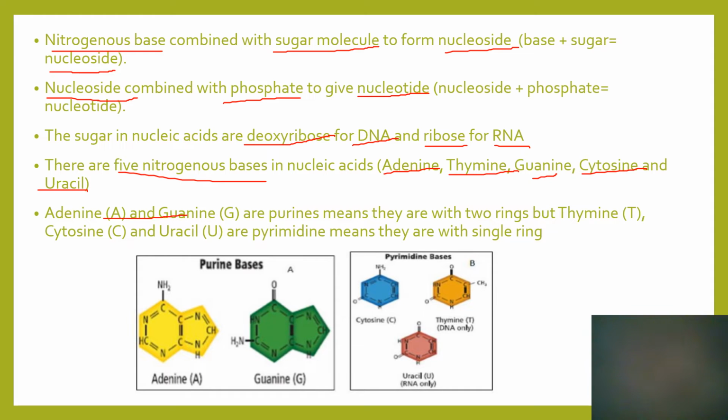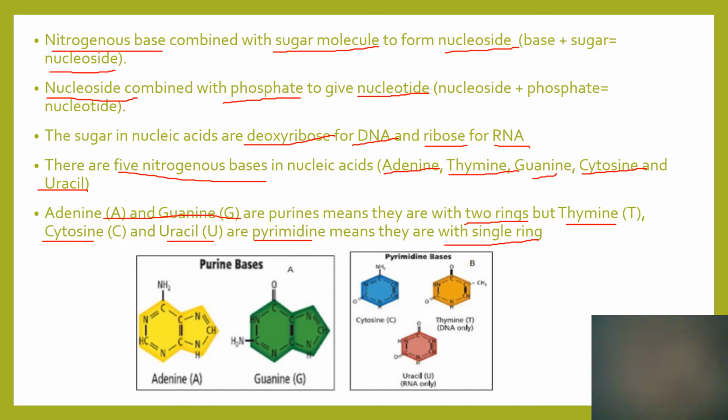Adenine and guanine are purine bases, which are bases with 2 rings, whereas thymine, uracil, and cytosine are pyrimidine bases. Pyrimidine bases are with a single ring.